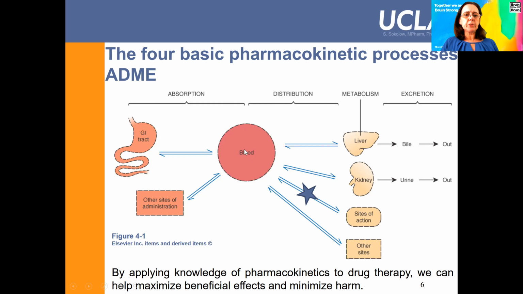So ideally, you want a drug that would go straight to the site of action, exert the effect, and then when the response has occurred, leave the site of action and go to the liver to be metabolized. But in reality, you have a little bit of everything happening at the same time.